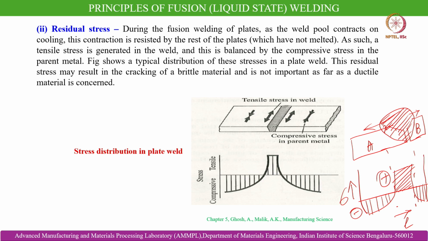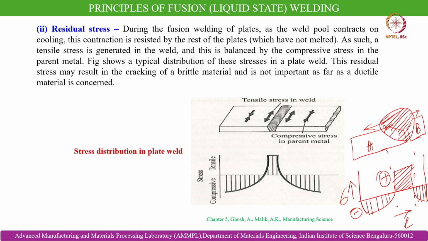So this is the case of residual stresses, and this is also the reason for the distortion that happens in a weld joint if the joint is not designed properly with appropriate measures to counter distortion.